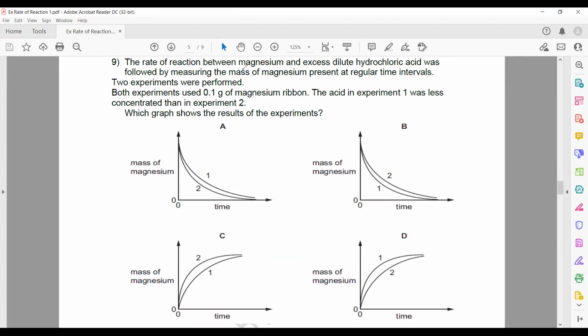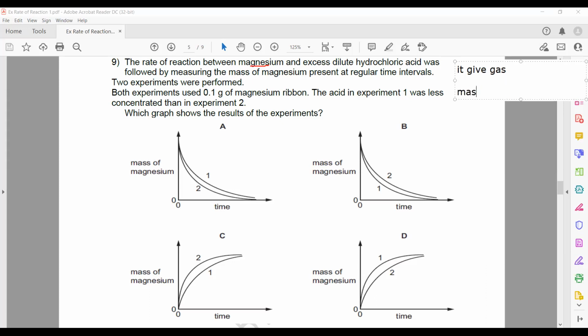In this question, the rate of a reaction between magnesium and excess hydrochloric acid was measured. So what happened when magnesium reacts with hydrochloric acid? When metal reacts with acid, it gives off gas. And when it gives off gas, what will happen?